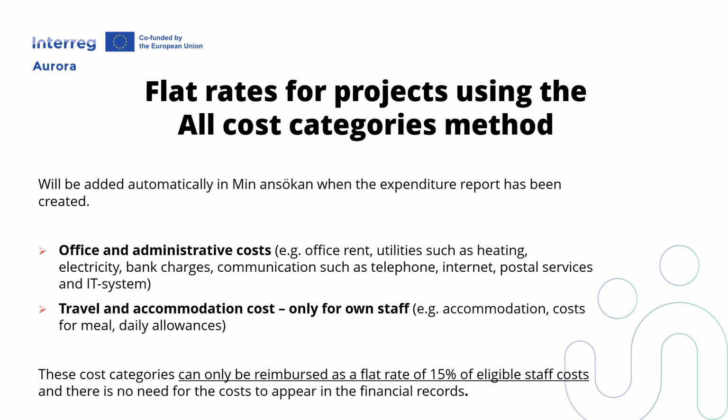Note that the flat rate for travel and accommodation costs only refers to costs for staff from the partner organization. There is no need for the costs covered by the flat rate to appear in the financial records. Controllers will not request any verifications for the costs, and they will not be checked.